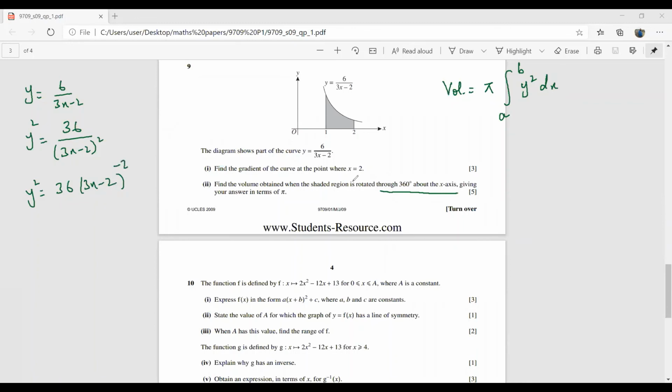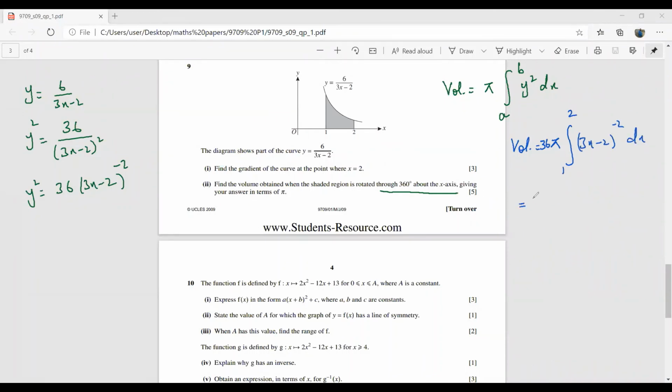So once we are ready with this, this becomes easier to handle now. So this volume is going to be pi, limit from 1 to 2. And I can write this 36 with this over here. So this is 3x minus 2 to the power minus 2.